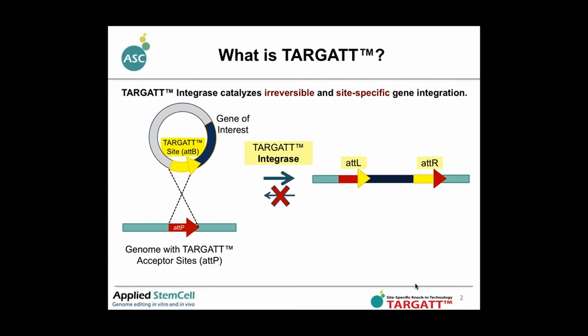Integrase recognizes and recombines between two sequences, ATTP and ATTB. Upon recombination between ATTP and ATTB, it results in an integration of a gene of interest, and at the same time, it creates two hybrid sites, ATTL and ATTR.